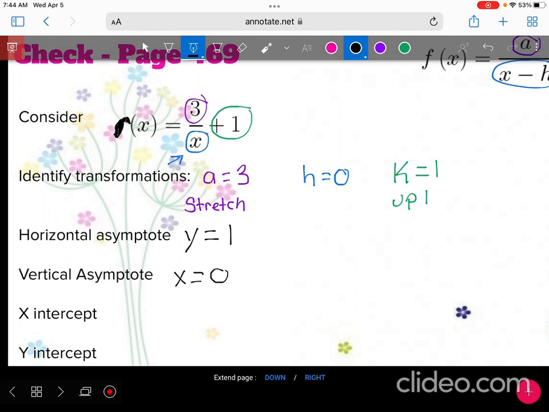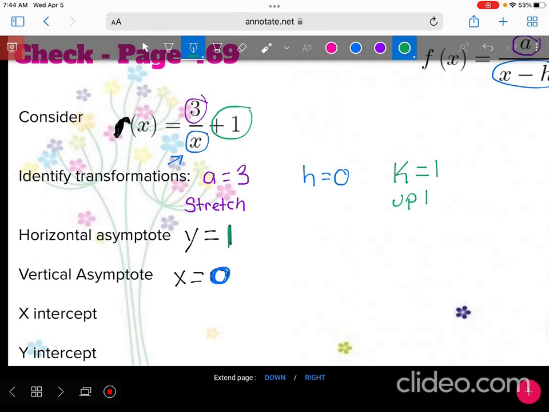So x equals 0. So it's always going to be our h and our k that are our transformations.